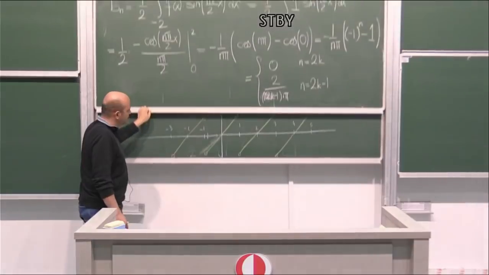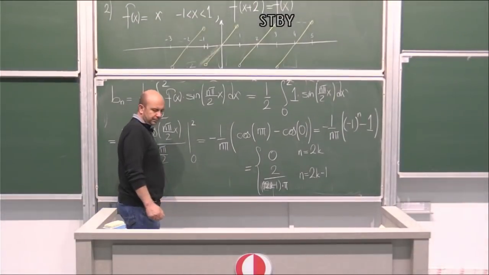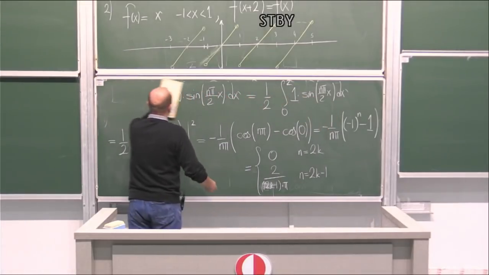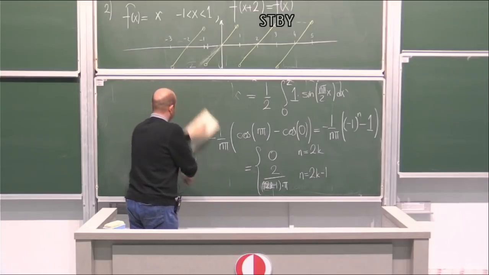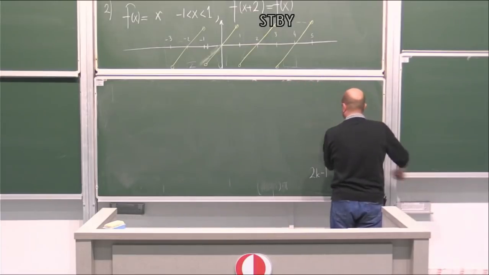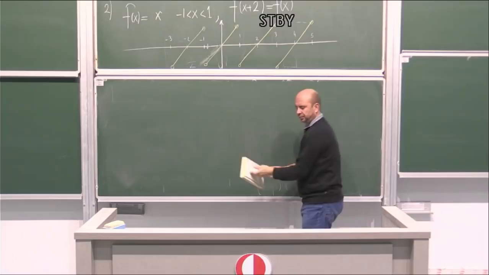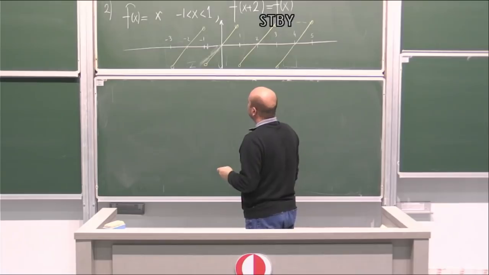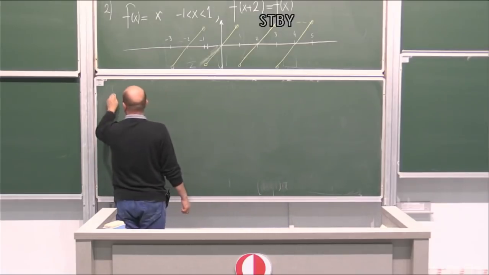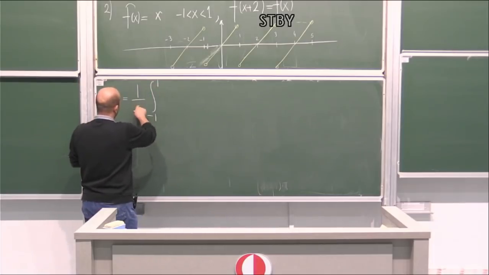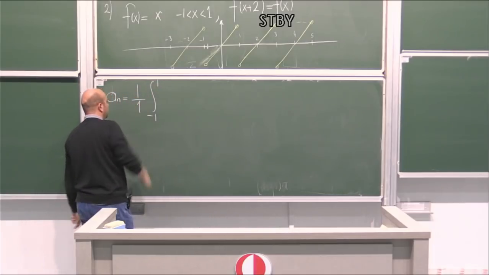Now, let's compute its coefficients. All right, first the an's. So what is an? In this case, we have 1 from -1 to 1. Actually, these numbers tell you what you need to write here. So L is 1.